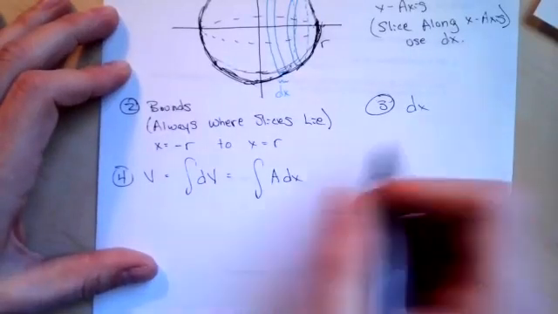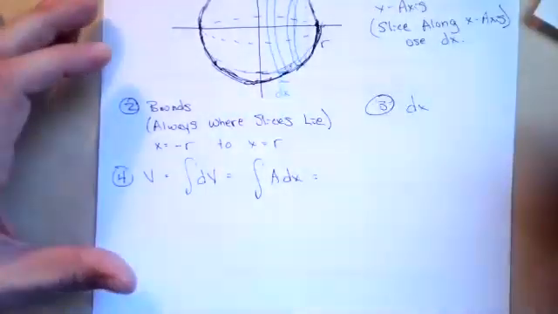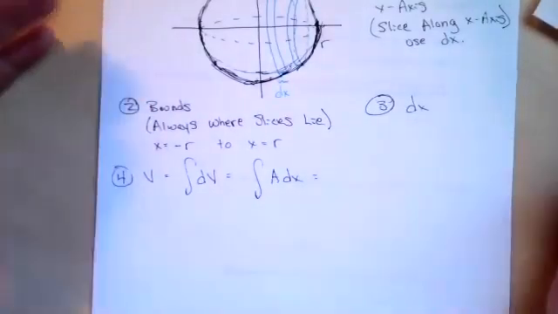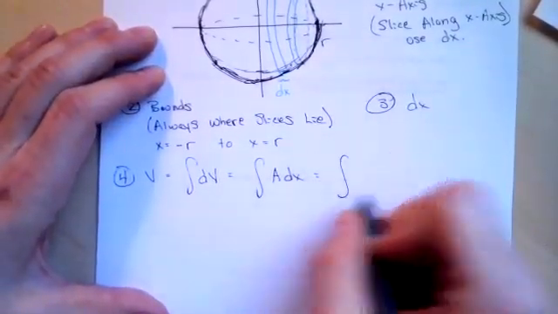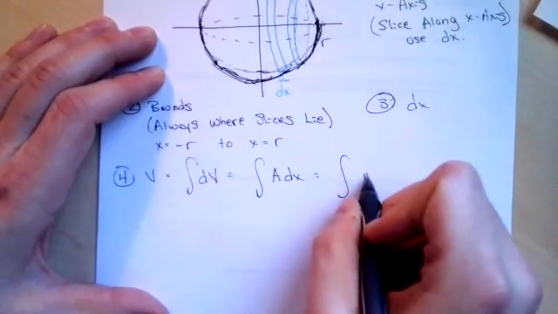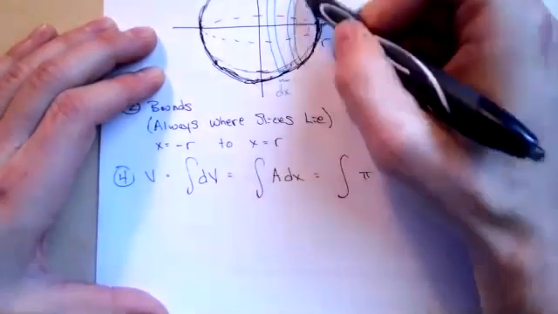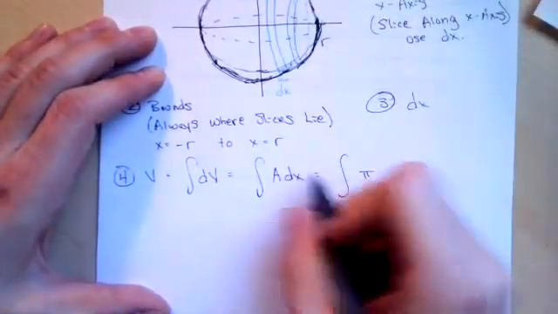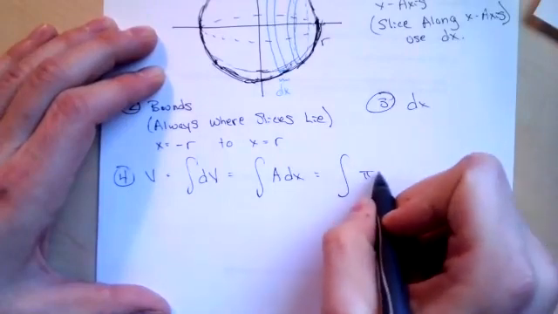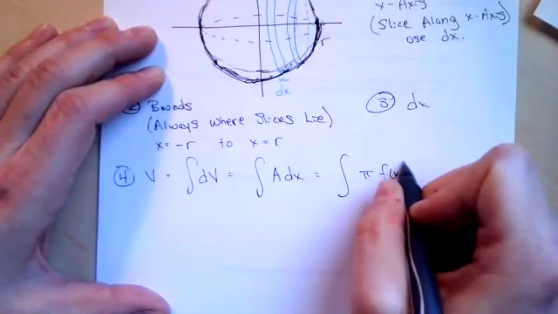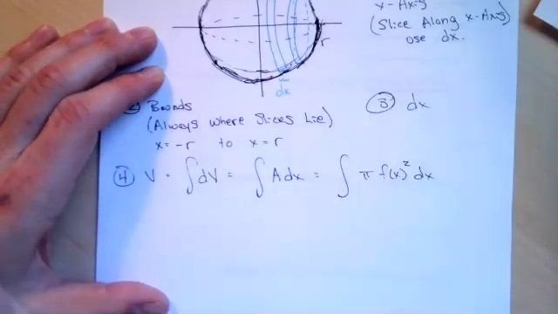And then now all we have to ask is, what is our area? And we've only known one method, so our area is going to be the area of these disks. So just pi r squared, or pi f of x squared dx.